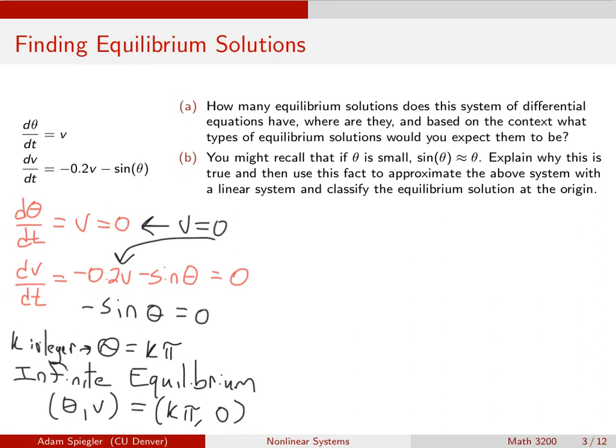And if we think about these cases, if k is equal to 0, plus or minus 2, plus or minus 4, and so on, that means at time 0, its initial position would be located over here, and these are going to be stable equilibria.